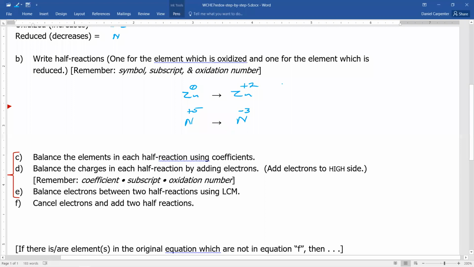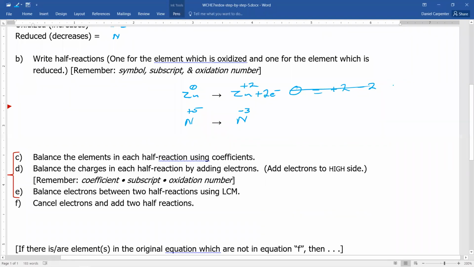Balanced charges. So this is 1 times 1 times 0 is 0, and 1 times 1 times 2 is 2. So we'll have to subtract 2 to make the right equal the left, plus 2 electrons.